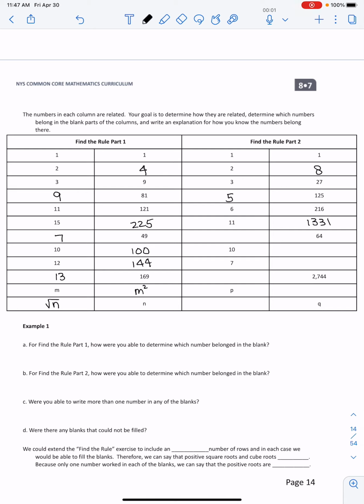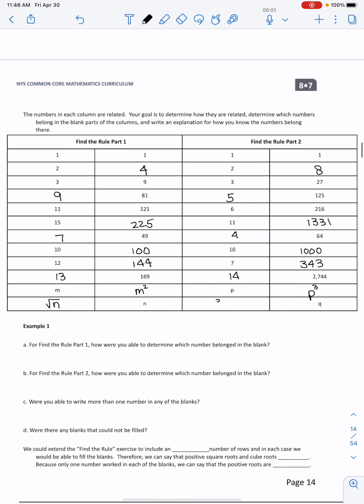The cube root of 64 is 4. 10 cubed is 1,000. 7 cubed is 343. And the cube root of 2744 is 14. p cubed is p to the third power. And the cube root of q is written in this way.